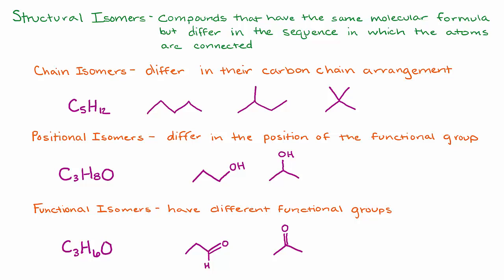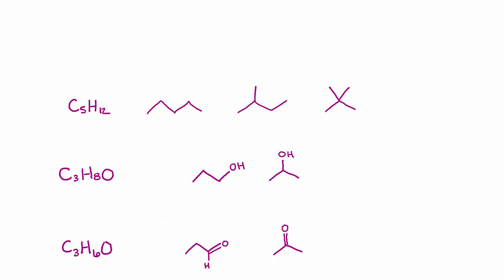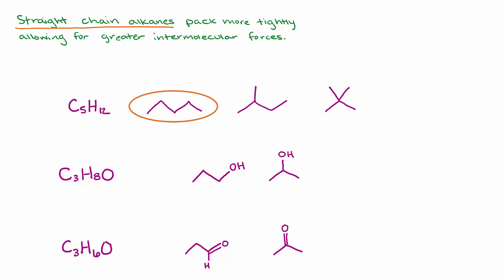It is important that scientists recognize that many isomers can exist for a given molecular formula, as each isomer will behave differently. When comparing chain isomers, straight chain alkanes can pack more tightly with one another, allowing for greater intermolecular forces between the molecules.